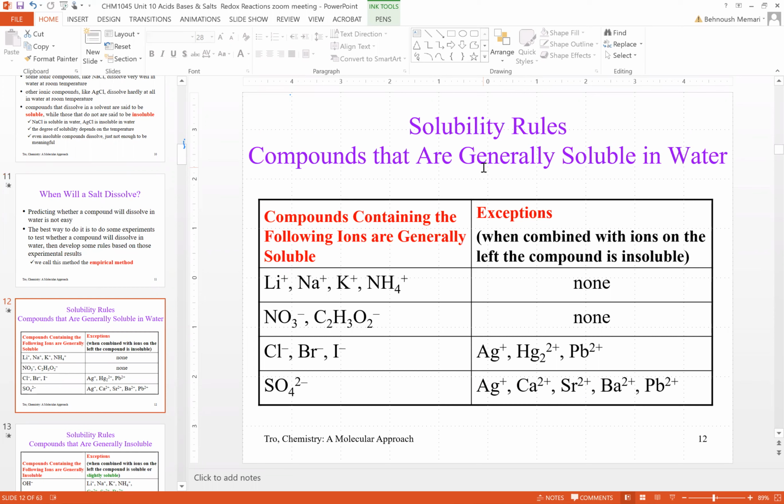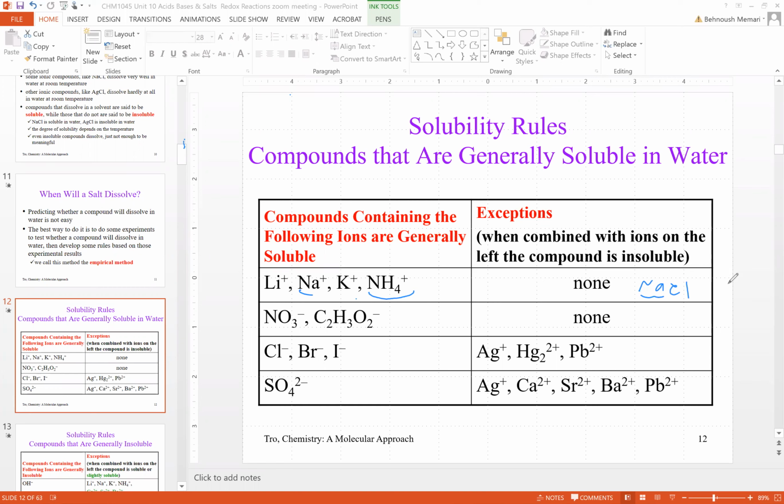This table shows the solubility rules for the compounds that are generally soluble. Any compound that contains group 1A, like lithium, sodium, potassium, or ammonium ion, is going to be soluble without any exceptions. So if you see sodium chloride, we know that it's soluble because it contains sodium, which is in this first rule with no exceptions.